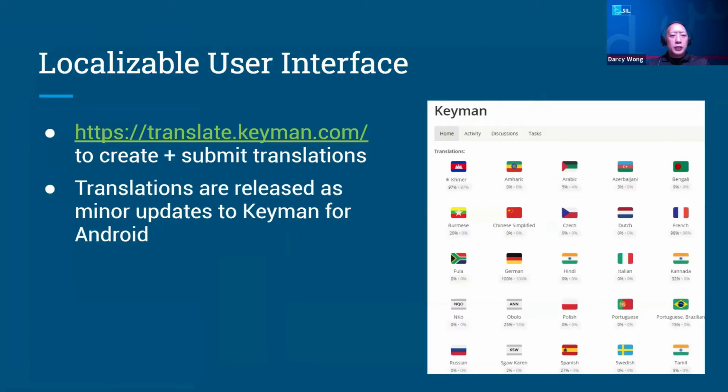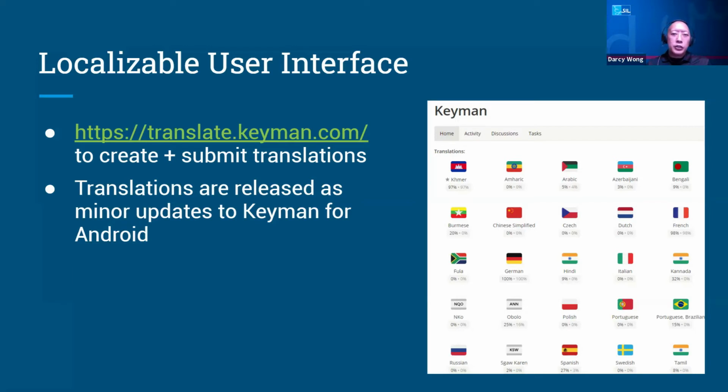Another new feature that comes with 14.0 is having a localizable user interface. It is a challenge for many users across the world to have Keyman with just English menus, English prompts, and downloads. So now we've added an option for users to be able to change the user interface language of the Keyman app.